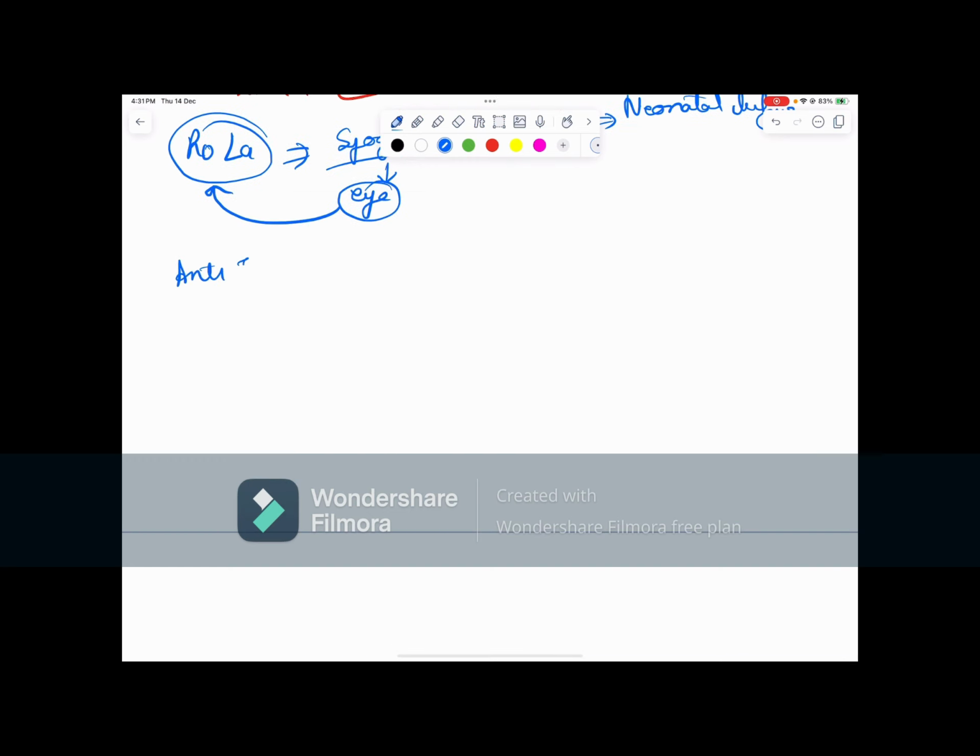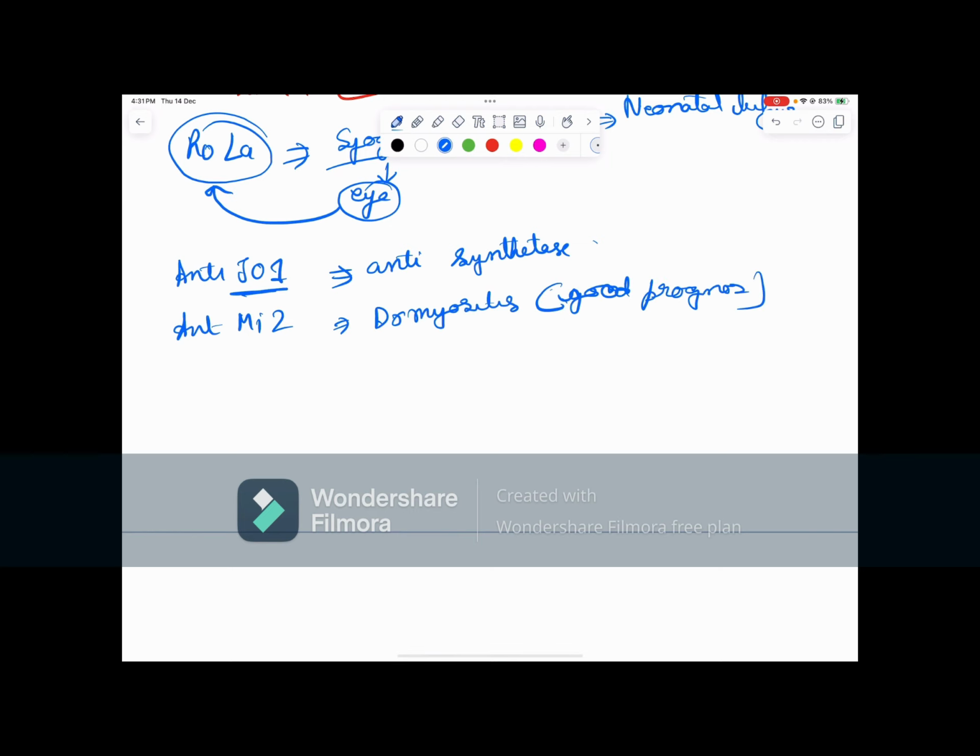Now Jovan is the Jonas Brothers, if you remember, Jonas Brothers, they use a synthesizer. So anti-synthetase. Anti-Mi2 is dermatomyositis and is associated with good prognosis. This can be remembered by Mission Impossible.